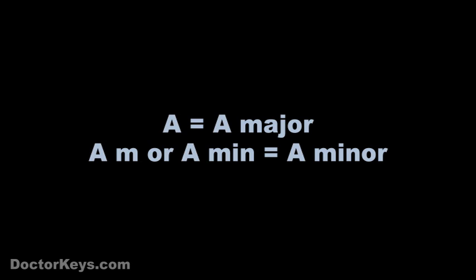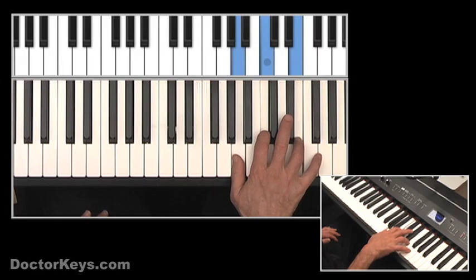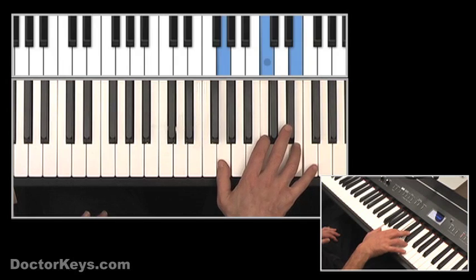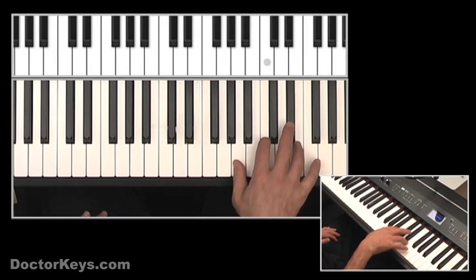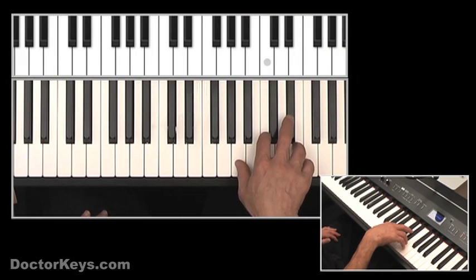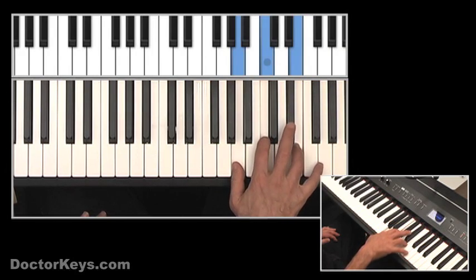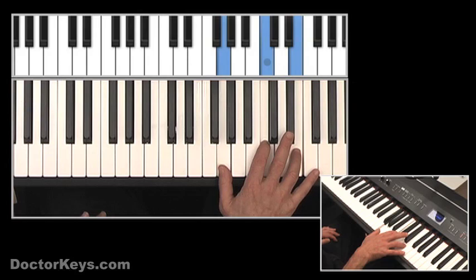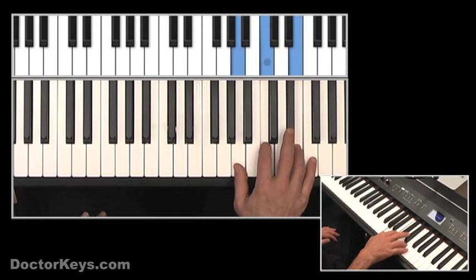Now, it's easy to connect the A minor chord to both the C chord and the F chord, because as you can see, the A minor chord has 2 notes in common with each of them.